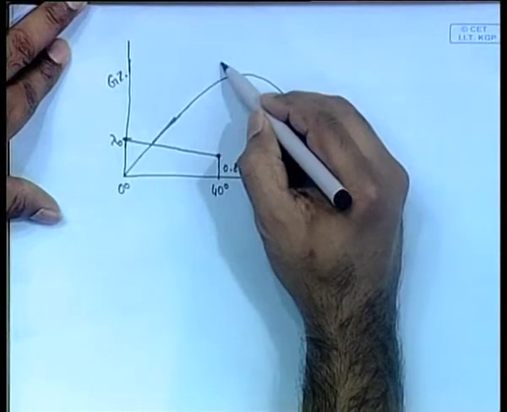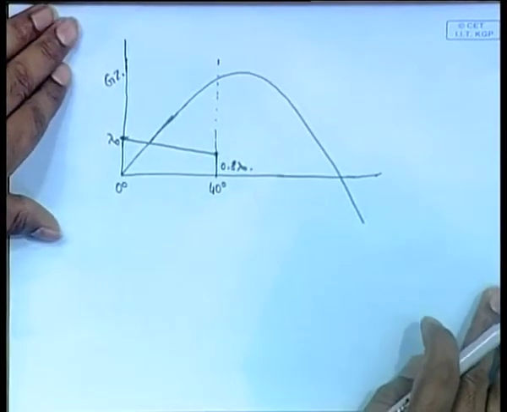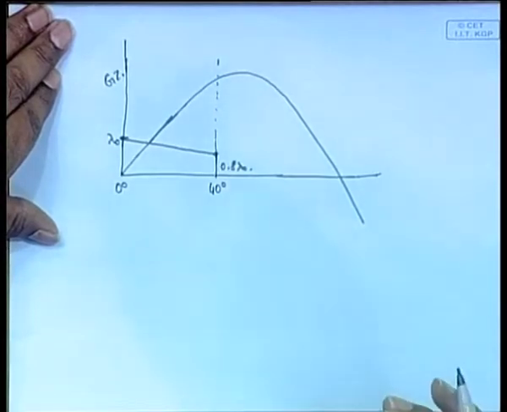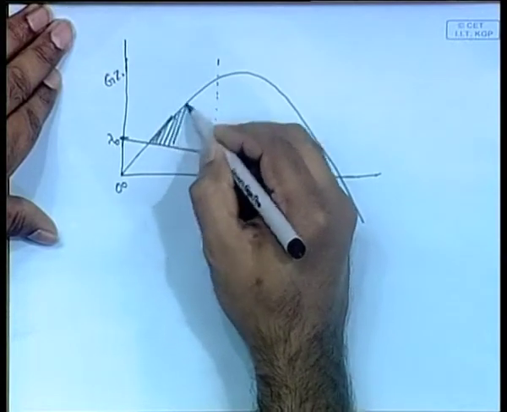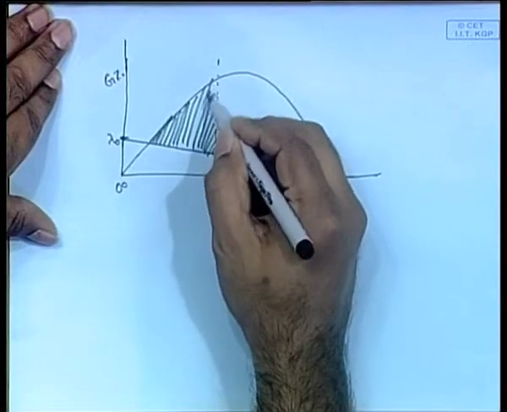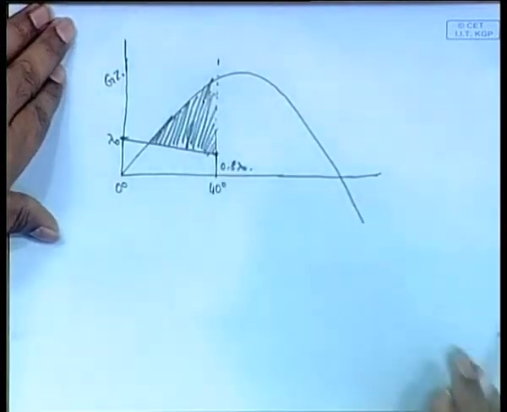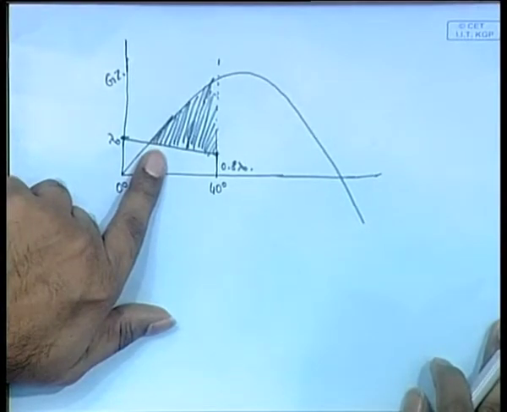Therefore, your objective now becomes to find the area between the healing arm and the righting arm curve, which is this, between 0 and 40 degrees.